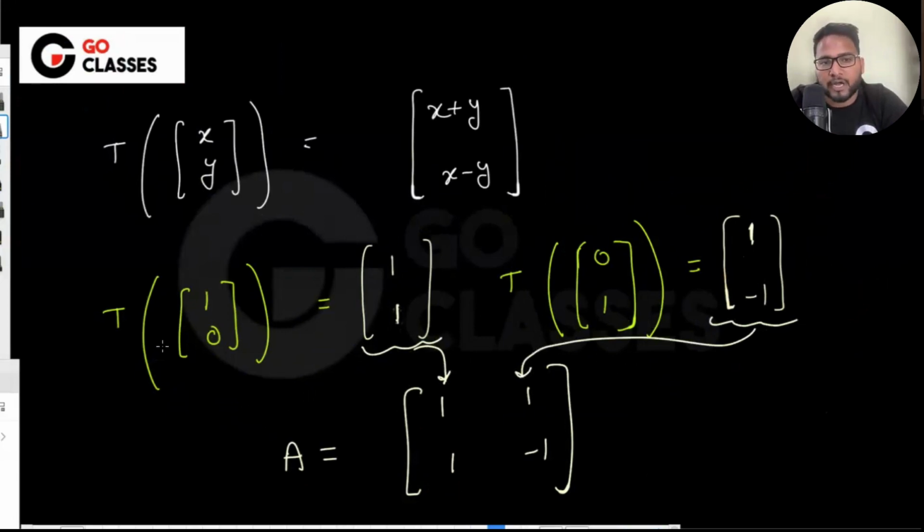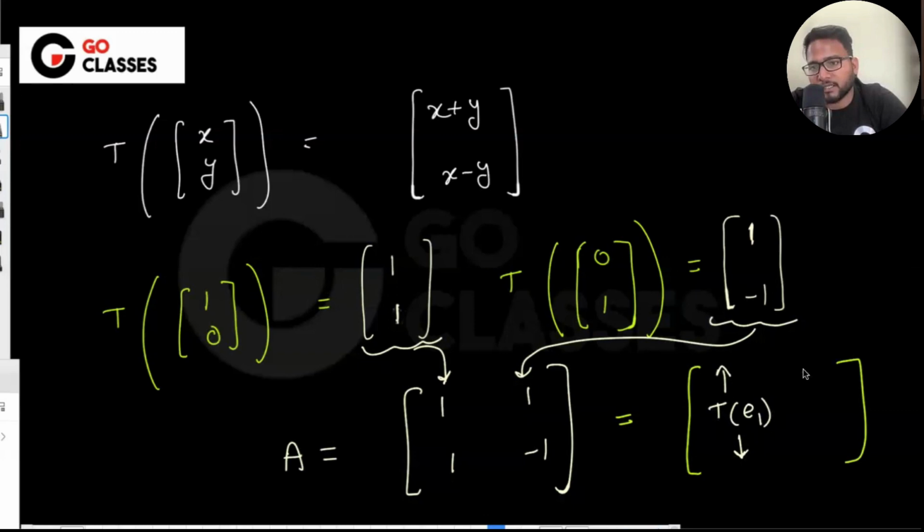Which means, I will also prove it, but for now let me just write it: the shorthand notation to find the matrix is that you find the transformation of the first basis vector and the transformation of the second basis vector, and you write them in the matrix.